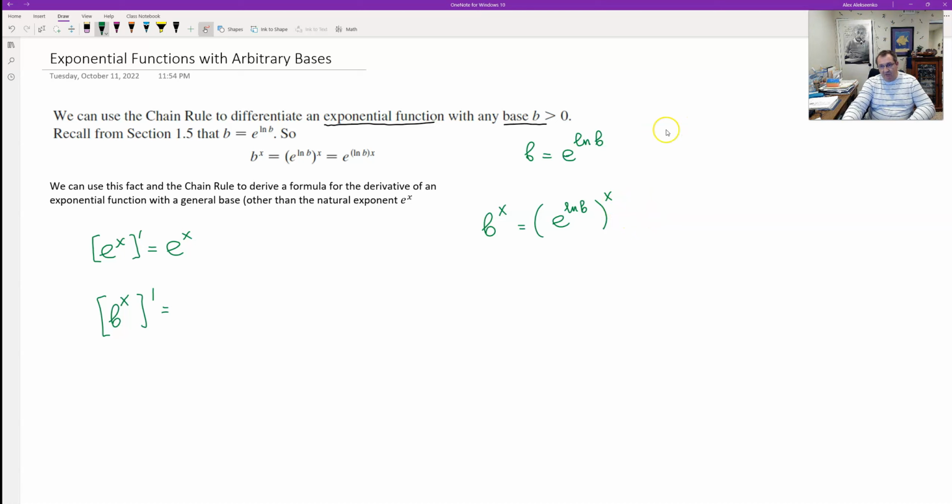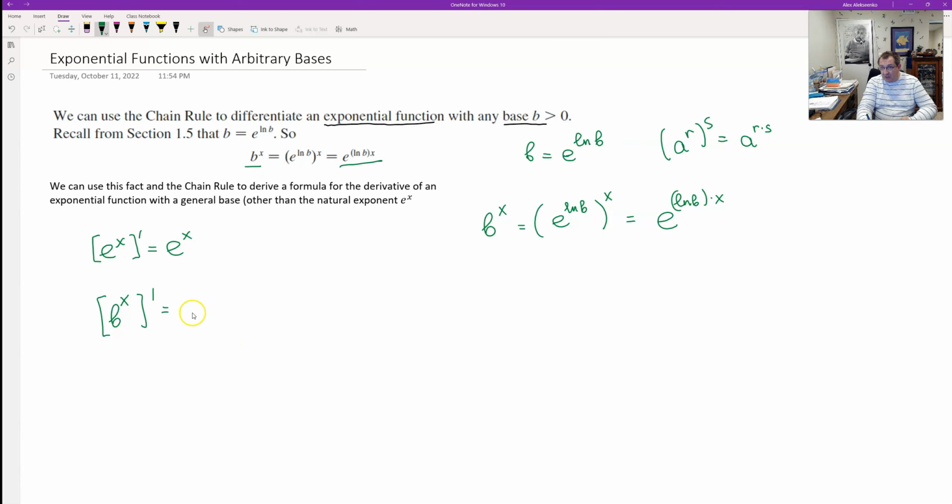Now, then we have laws of exponents. In particular, a raised to r and everything raised to s is the same as a raised to r times s. So we can use that law of exponents to simplify to e to the natural log of b, and let me put it in parentheses, times x, which is the formula over here. b to the x is the same as to say e raised to natural log b times x.